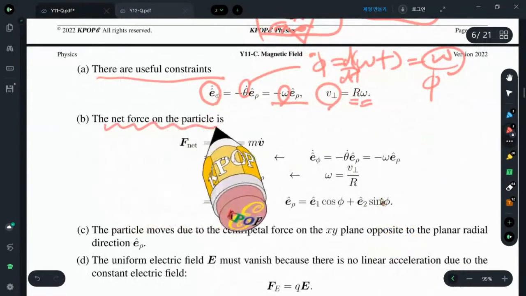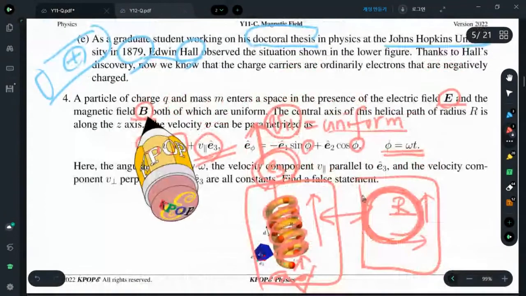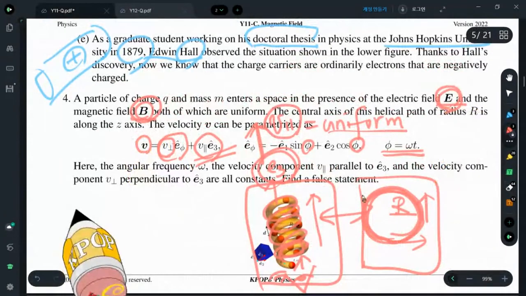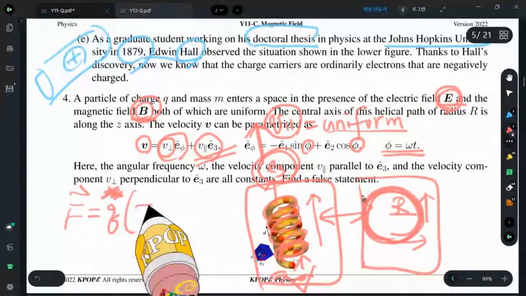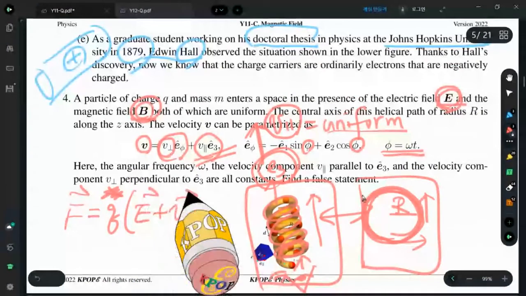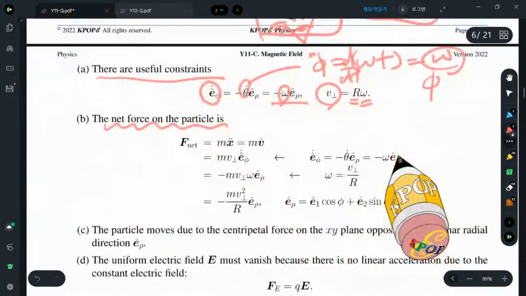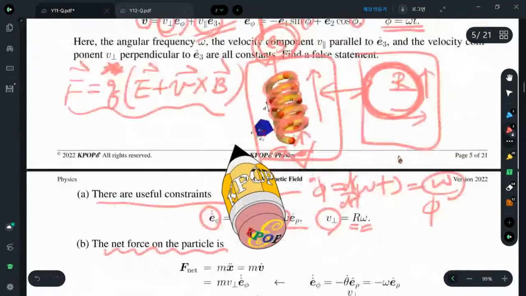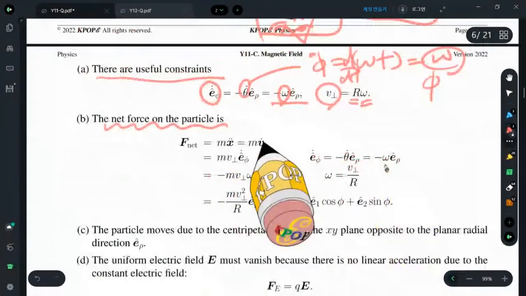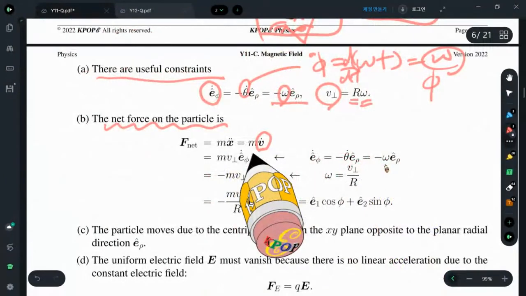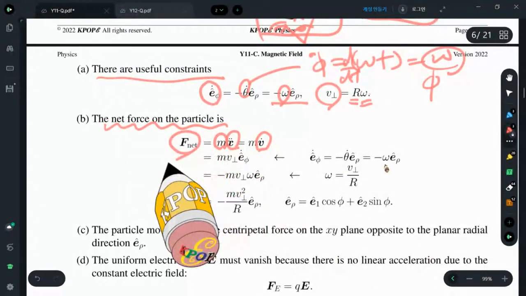What is the net force on the charged particle? Because we are not able to find what E and B are, we are not able to apply the Lorentz force, qE plus qv cross B. Instead, because we know the velocity explicitly, we take the derivative of velocity to find the acceleration and multiply by the mass to find the net force.